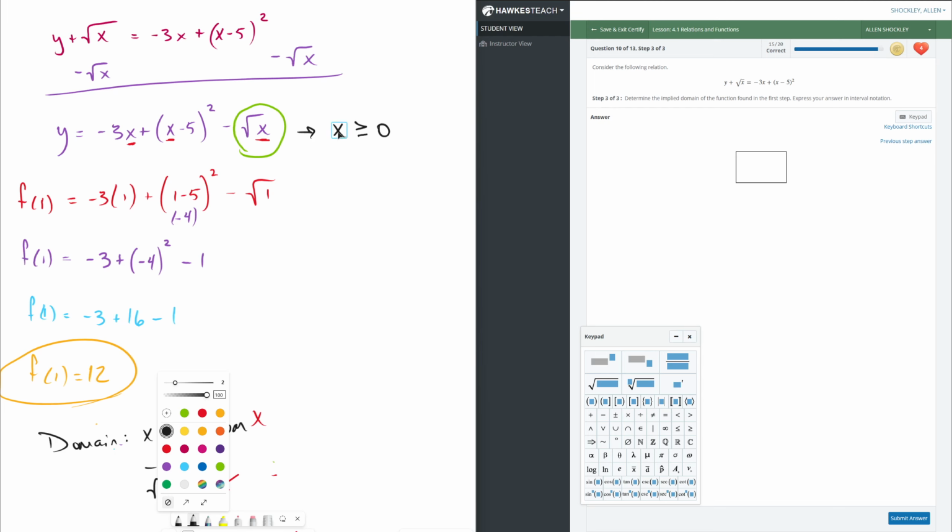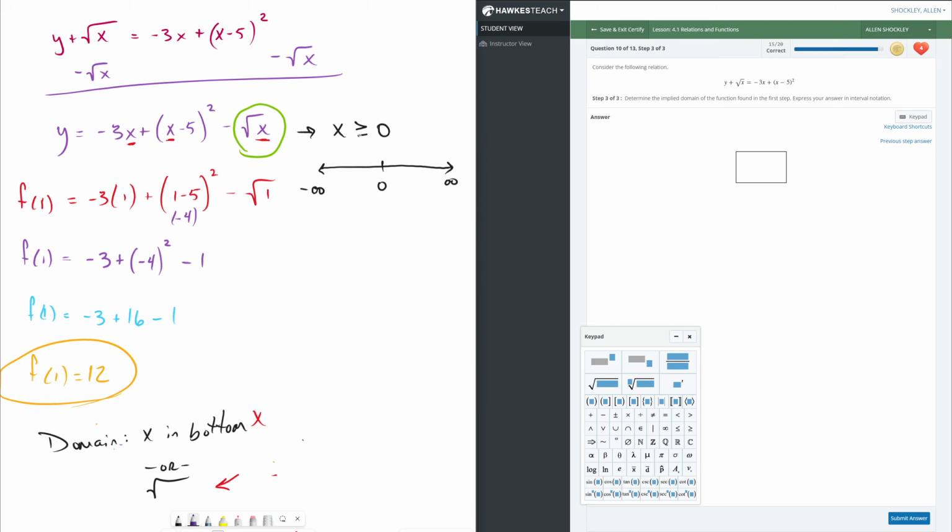Normally what we would then try to do is make sure that x is by itself. So if there was more stuff inside the radical, we would add or subtract it over. But there's not. So we'll leave it as is. And instead, we need to figure out what the interval notation of this is. A quick way to do interval notation is draw a line. We got negative infinity, positive infinity, and then whatever our answer is goes in the middle. So for us, 0.